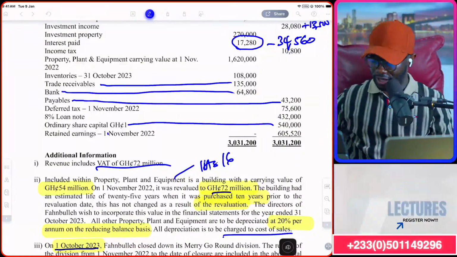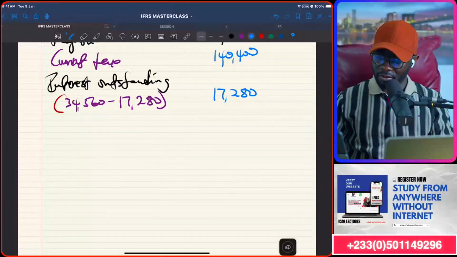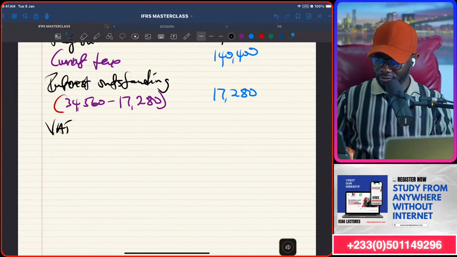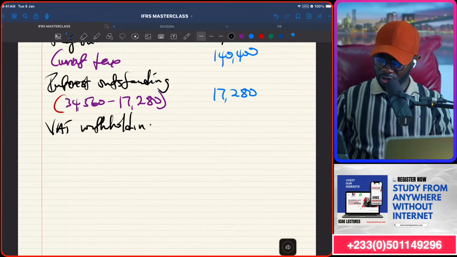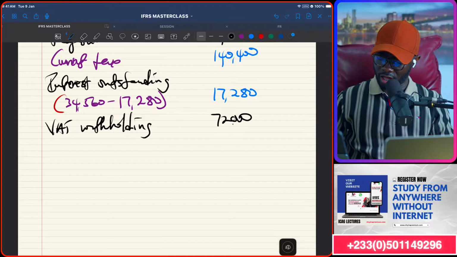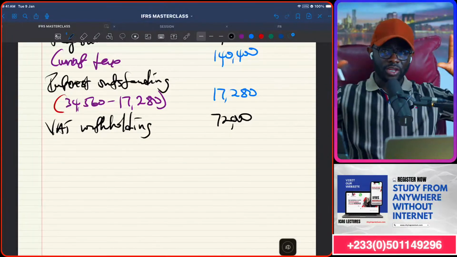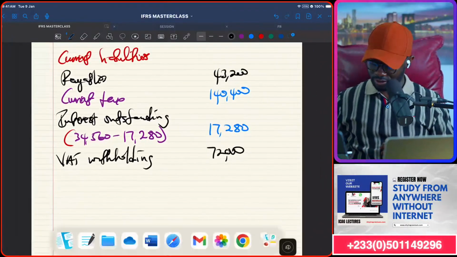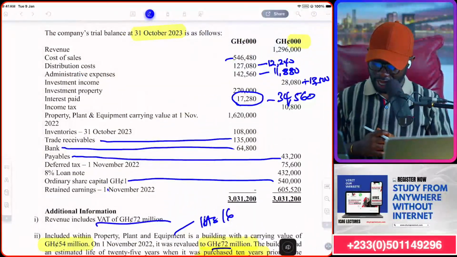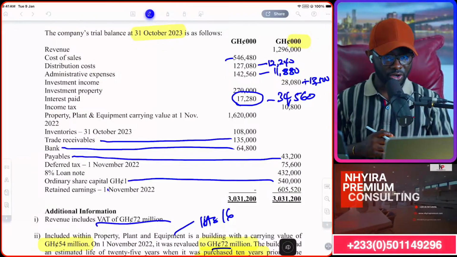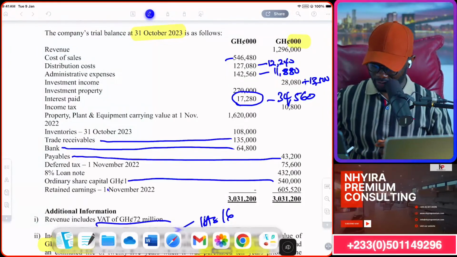So it means that figure is outstanding and it will come under the current liability as well. So VAT withholding, 72,000. Because double entry, debit revenue credits the VAT account. And I think we are done. We've touched on everything that we are supposed to touch on based on the context of the question.